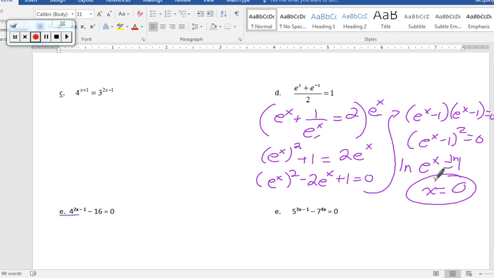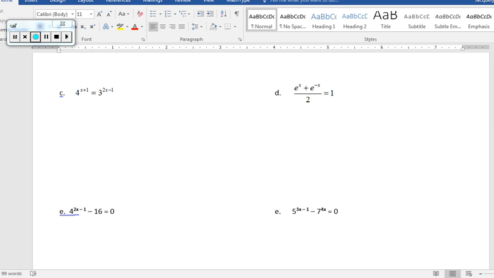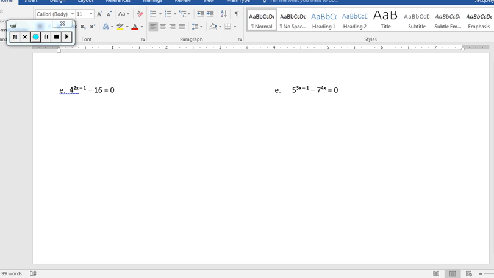Alright, so let's take a look at E. E is going to work a lot like problem B did. First thing we're going to do is take that 16 over to the other side. This one's actually slightly easier than B. So I'm looking at 16.